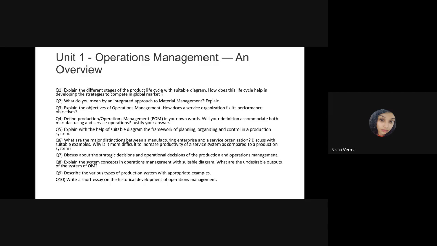This makes material management the biggest single area having tremendous potential for cost reduction. A well coordinated material management program may lead to 15 to 20% cost reduction.